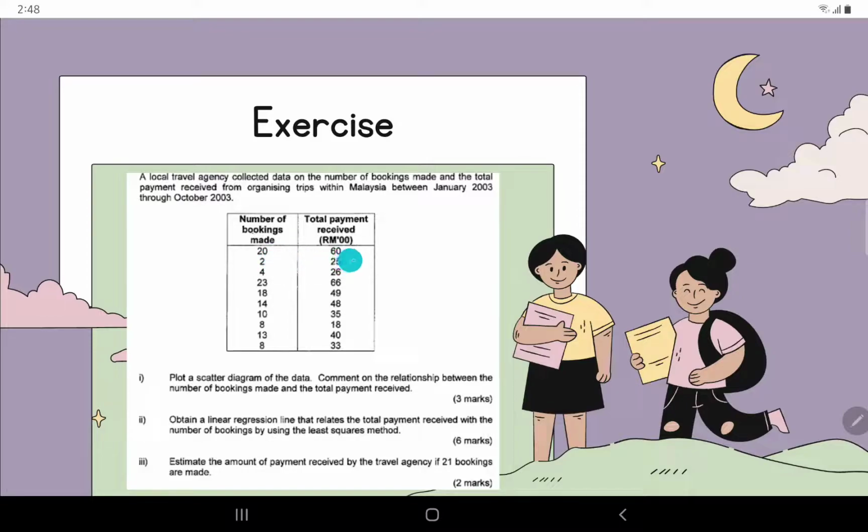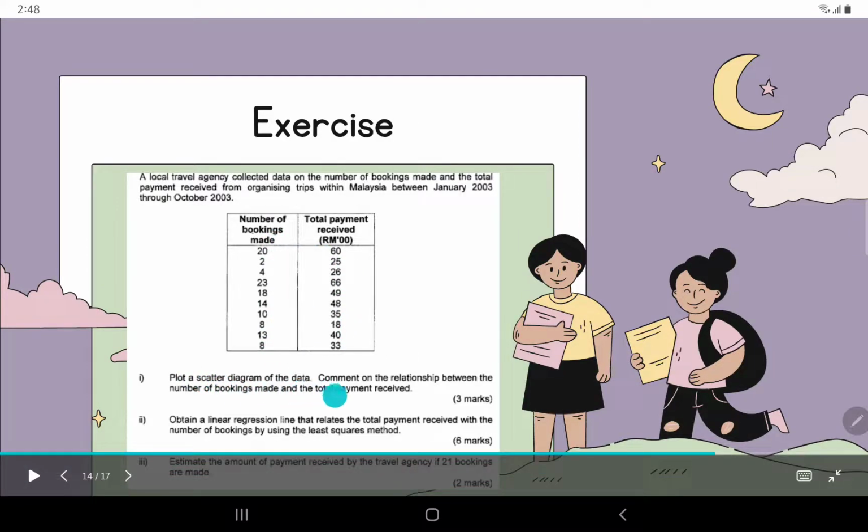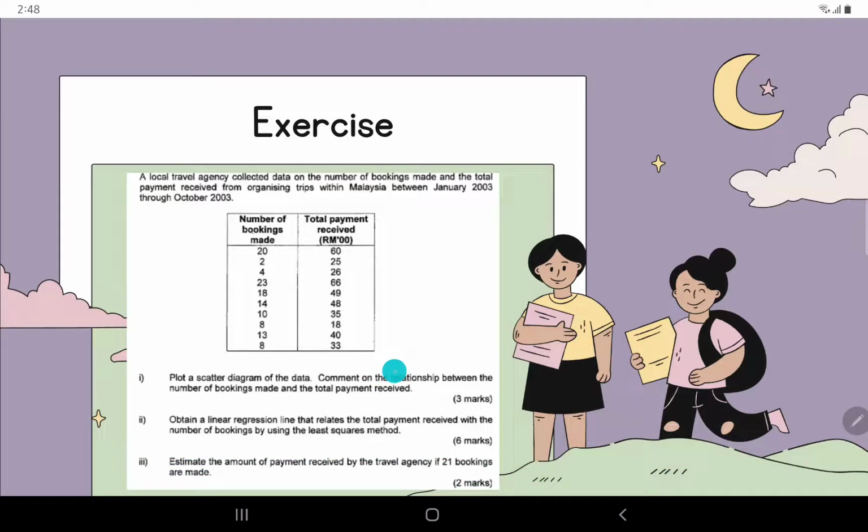Kalau booking dia 2, dia dapat 2,500. Kalau booking 4, dapat 2,600 and so on lah. Okay. So question 1, plot a scatter diagram of the data. Comment on the relationship between the number of bookings made and the total payment received. Okay, so kita tengok scatter diagram untuk this data.